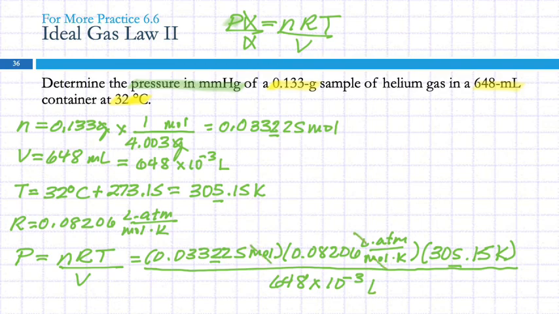Moles cancel, liters cancel, Kelvins cancel. 0.033225 times 0.08206 times 305.15 divided by 648 EE minus 3.